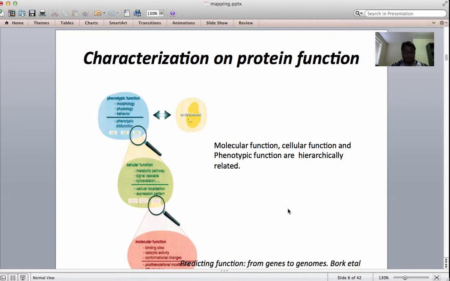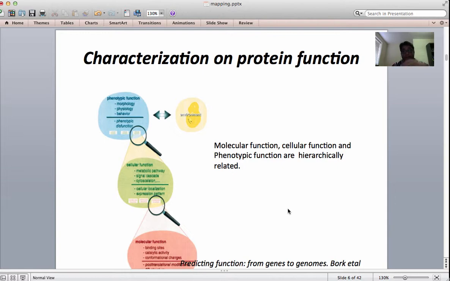The cellular function is the metabolic pathway which is involved, or where it is present, for example in the cytoskeleton: the localization. The molecular function is where it is binding, having some catalytic activity, or having some conformational changes. And the phenotype is what it shows, or what affects the system. For example, whether it is causing some rashes or skin problems.